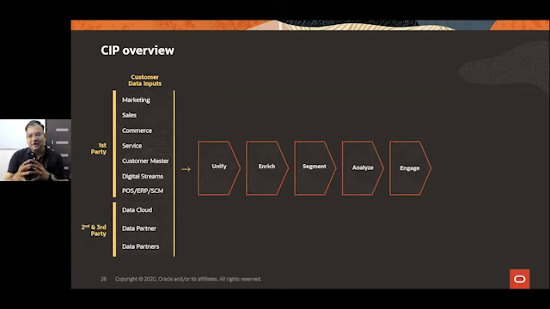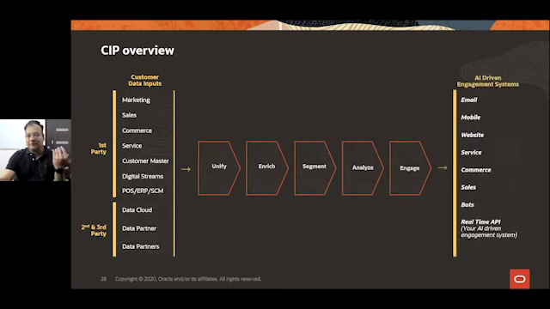Then we segment this into different sections and chunks, and strategize how to position the right solution, right content, and right messaging to these customers. Finally, we analyze and engage with them across the downstream channels, which could be your service agent, your commerce application, your sales, a chatbot, email, or whichever channel of choice we want.